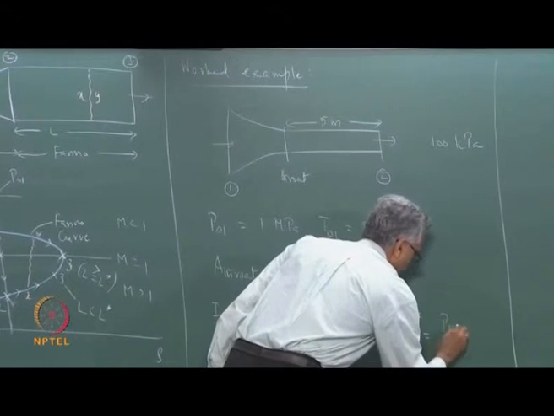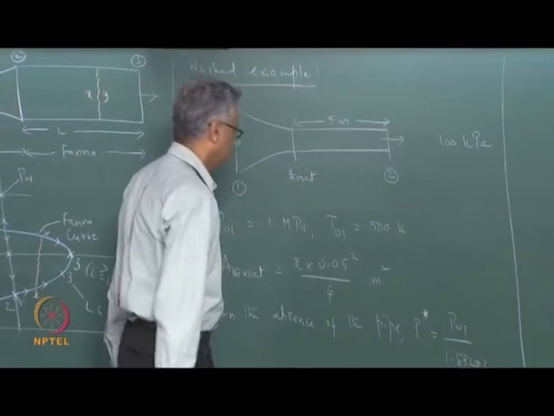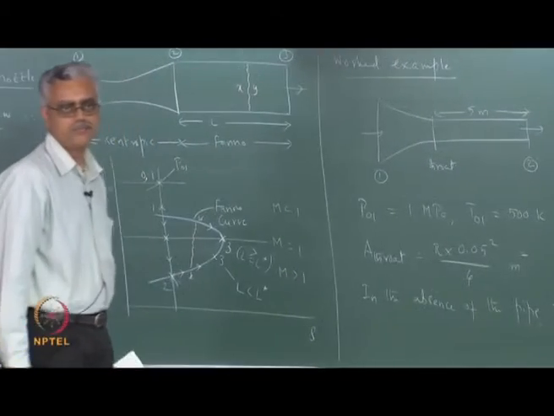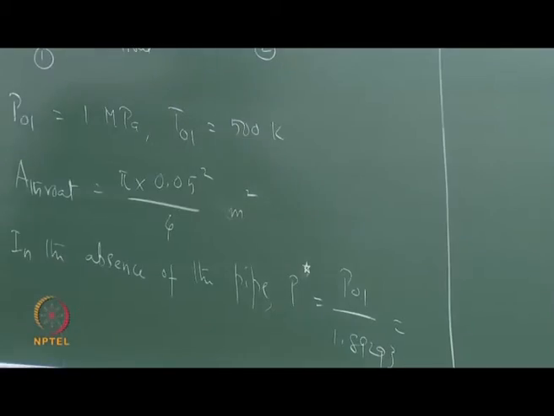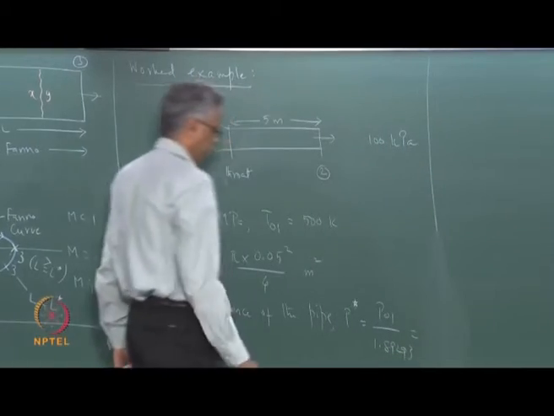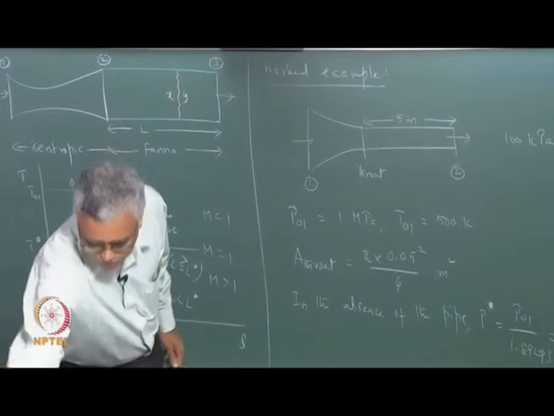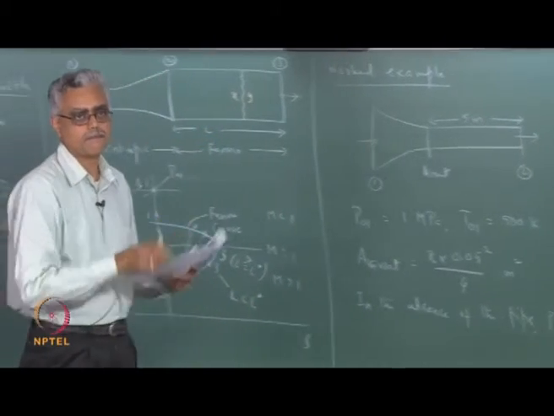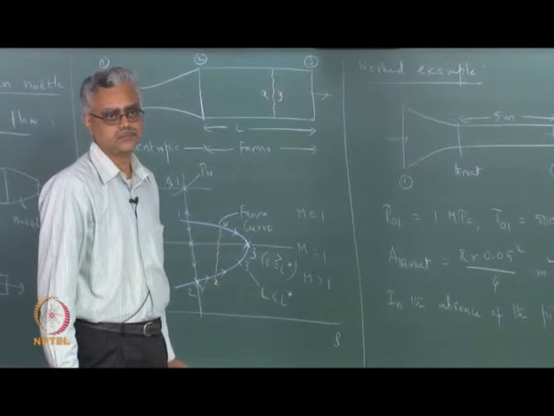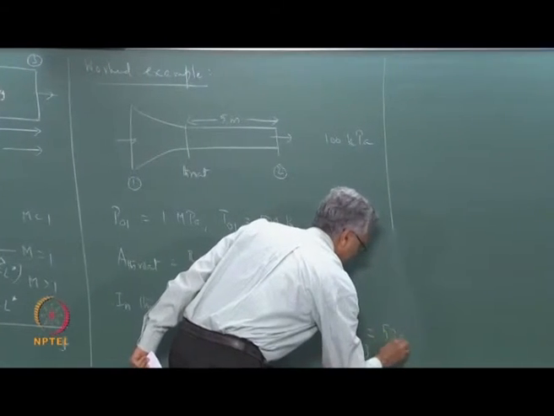So, this is P01 divided by 1.89293, and this value comes out to be, can someone calculate this value and tell me? 528.3. 528 kilopascal.